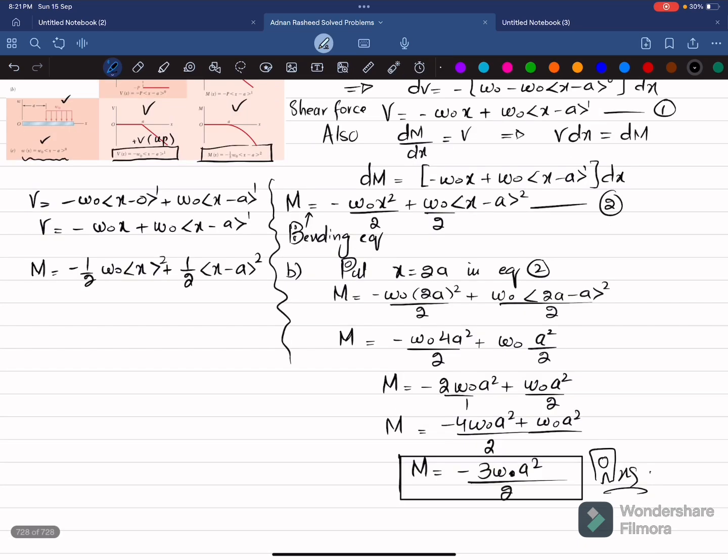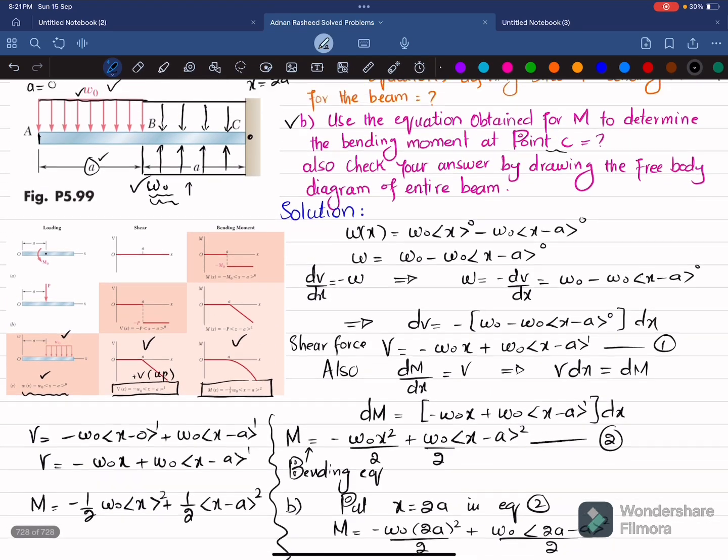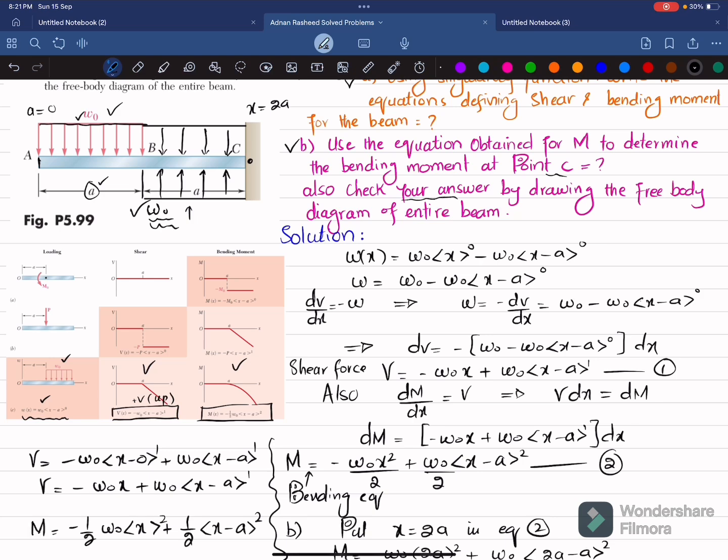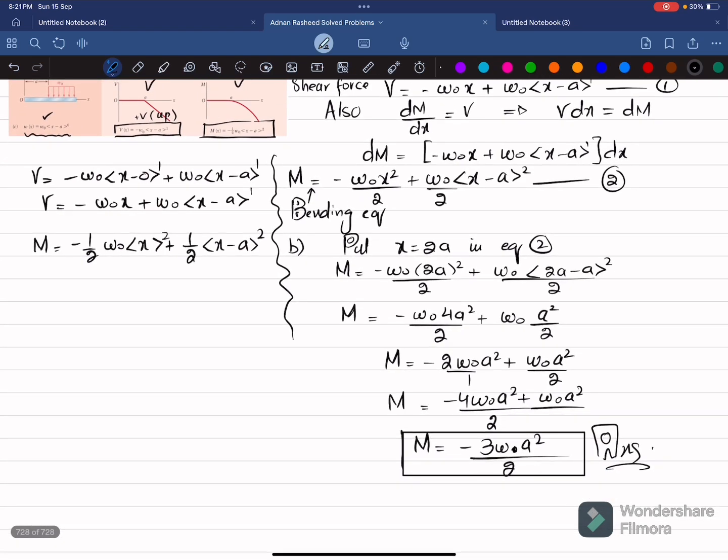Now the last part is that it has been given to check your answer by drawing the free body diagram of the entire beam. So we will draw the free body diagram of the entire beam. There is a distributed load from point A till point B, clear? And that is given as W naught.